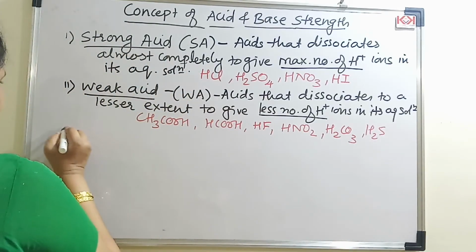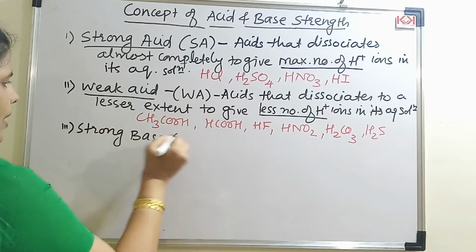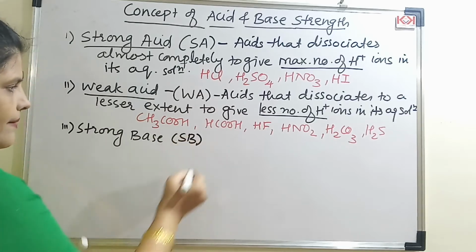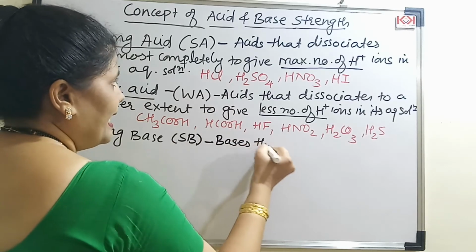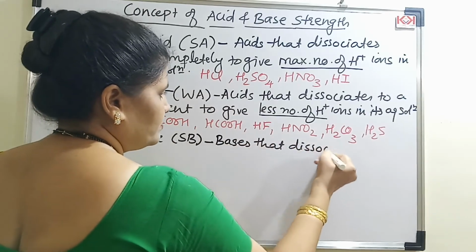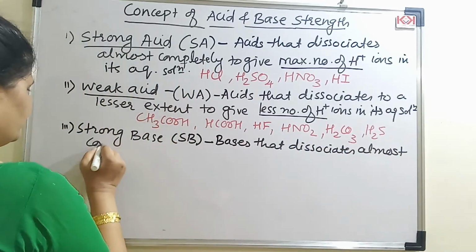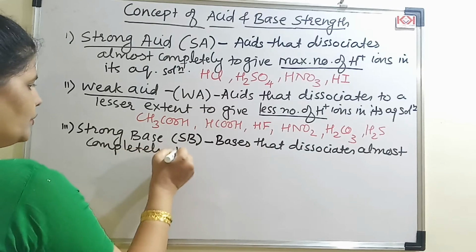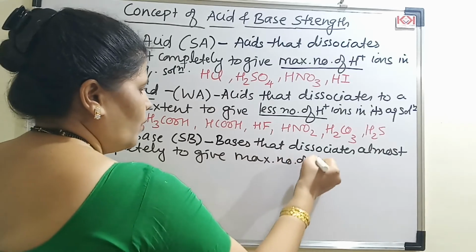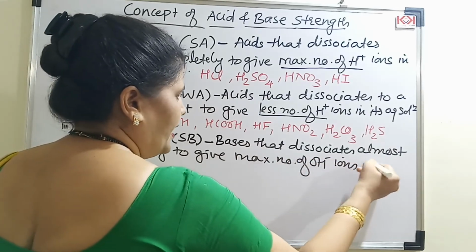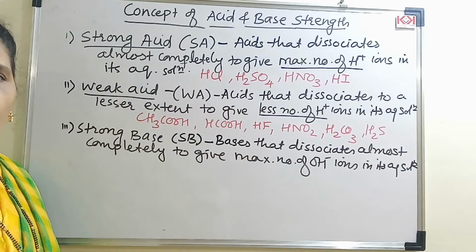Now on the same basis, let us see what a strong base is. I will write strong base as SB. Now what will be the definition? Bases that dissociate almost completely to give maximum number of OH minus ions in their aqueous solution are called strong bases.